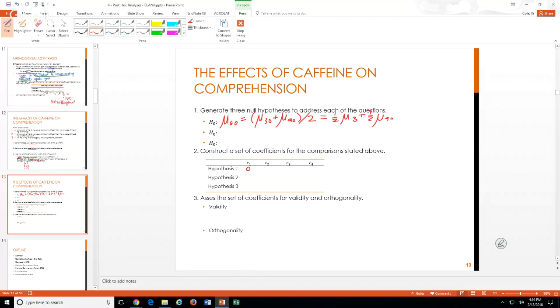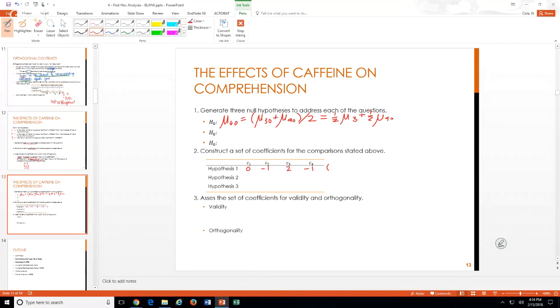0 on mu 0. -1 on mu 30. 2 on mu 60. -1 on mu 90. Good. Does somebody else have a different version? I did 0, -1/2, 1, -1/2.